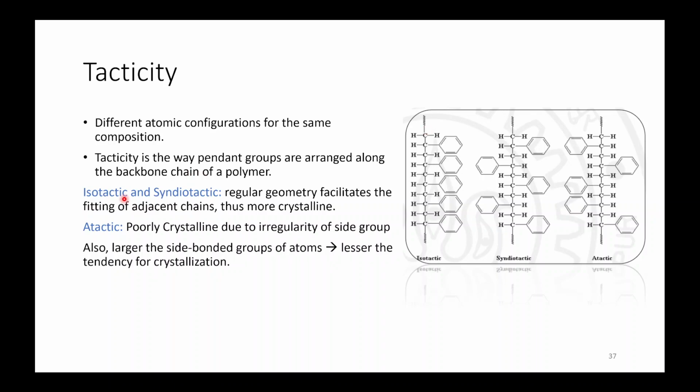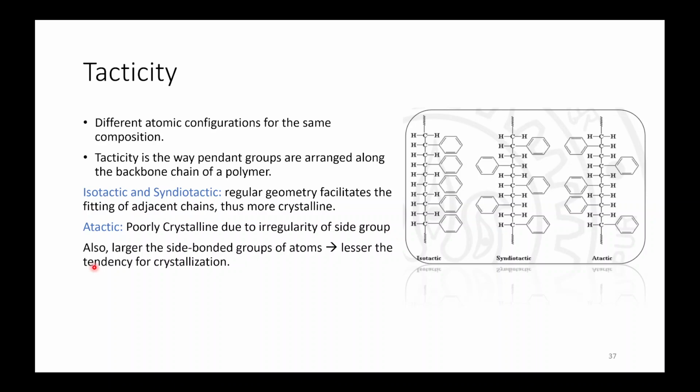Now, the types are isotactic and syndiotactic, whose regular geometry facilitates the fitting of adjacent chains, thus more crystalline. So these two will show higher crystallinity, while atactic will be randomized, so poorly crystalline due to irregularity in side groups.